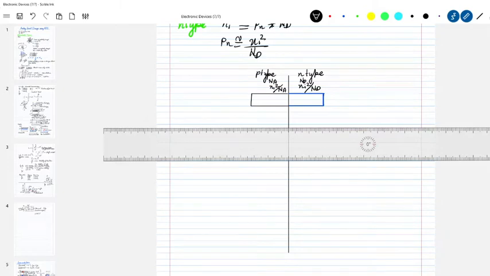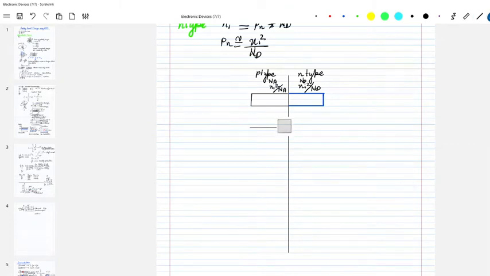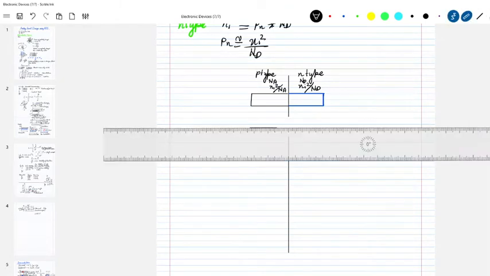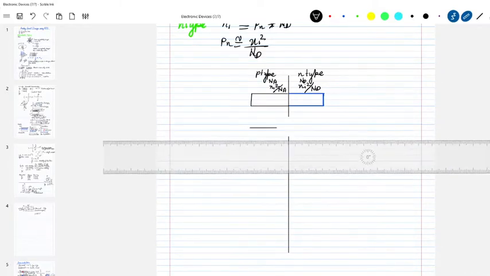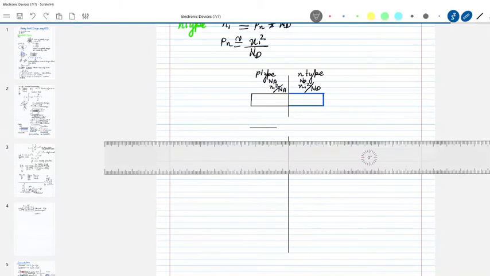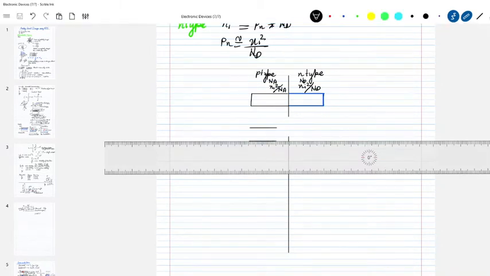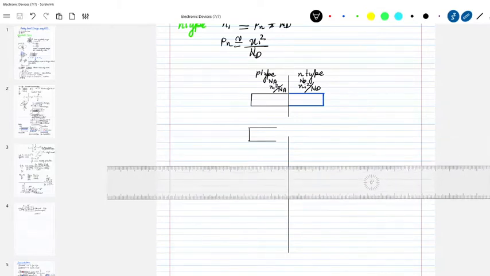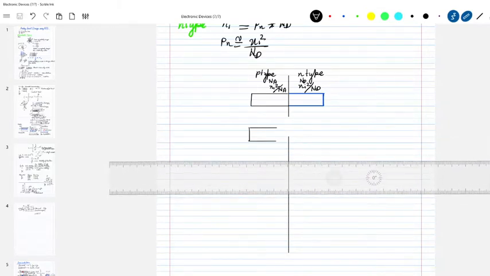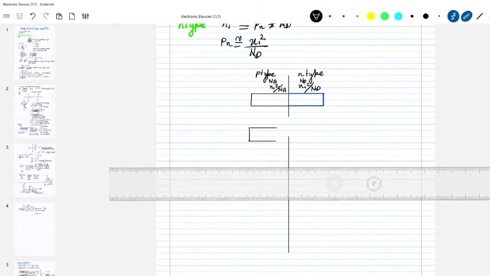Okay, so this side, let's assume up to here. That's so strange. Okay, this is your band, let's say conduction band, and over here I'm going to do a valence band.